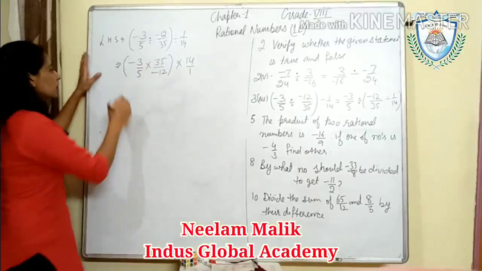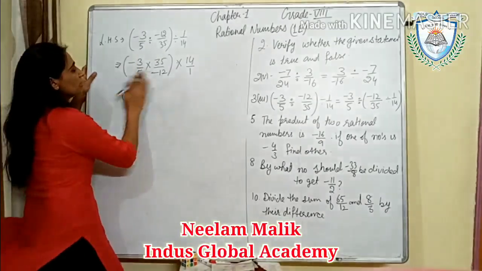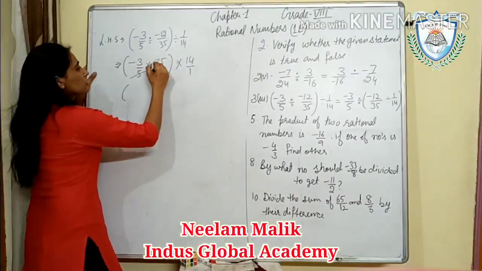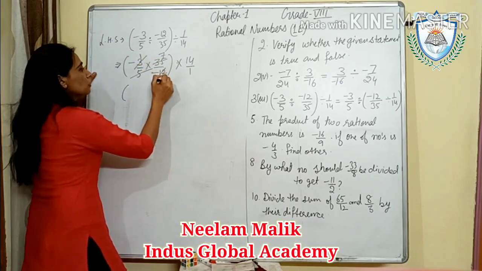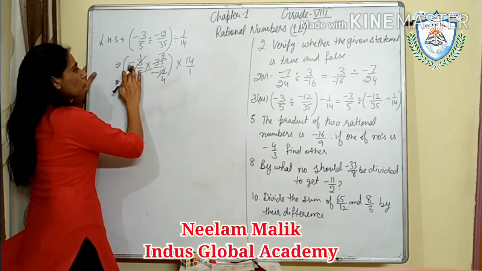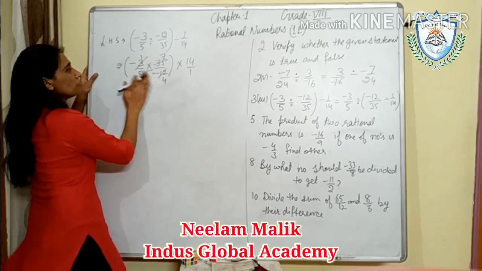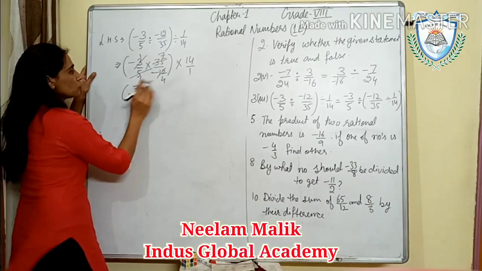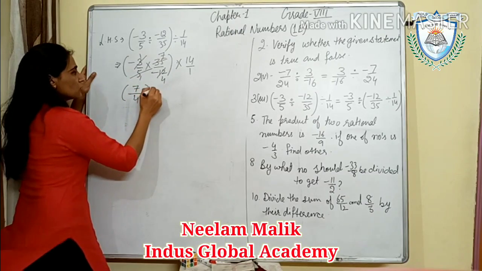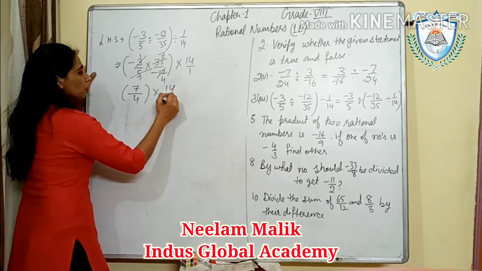So now what will we get here? Minus will be plus, 5 sevens, 3 ones, 3 fours. So now inside, minus will be plus, 7 ones are 7 upon 4. This will be multiplied with 14 upon 1.